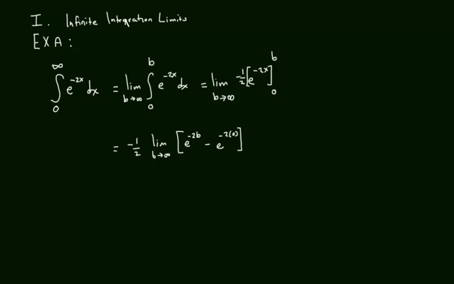Of course, this expression will go to 1, while this one here will go to 0. So then this is going to be negative 1/2 times a negative 1. So the answer to this problem is 1/2.